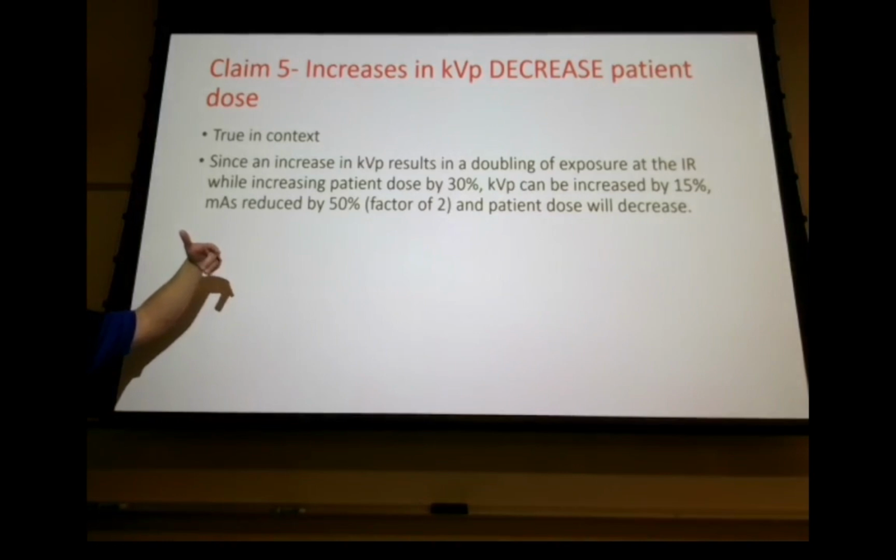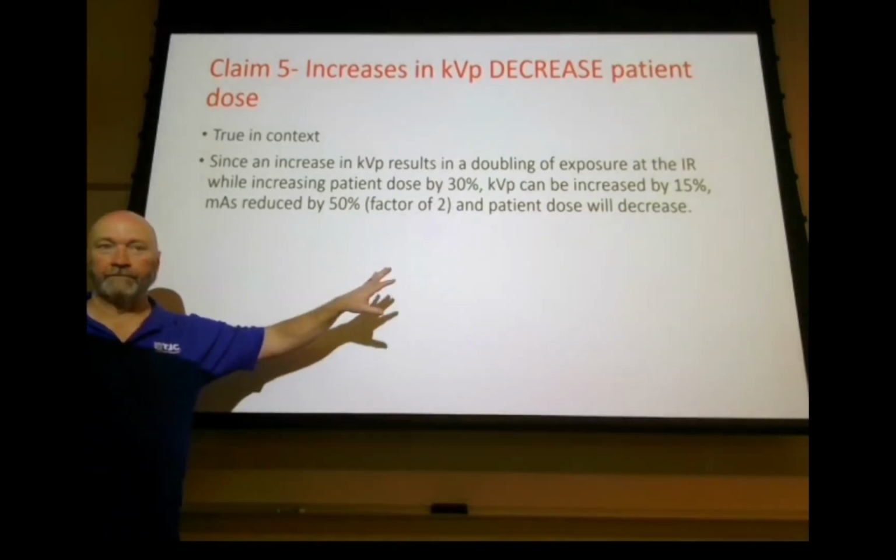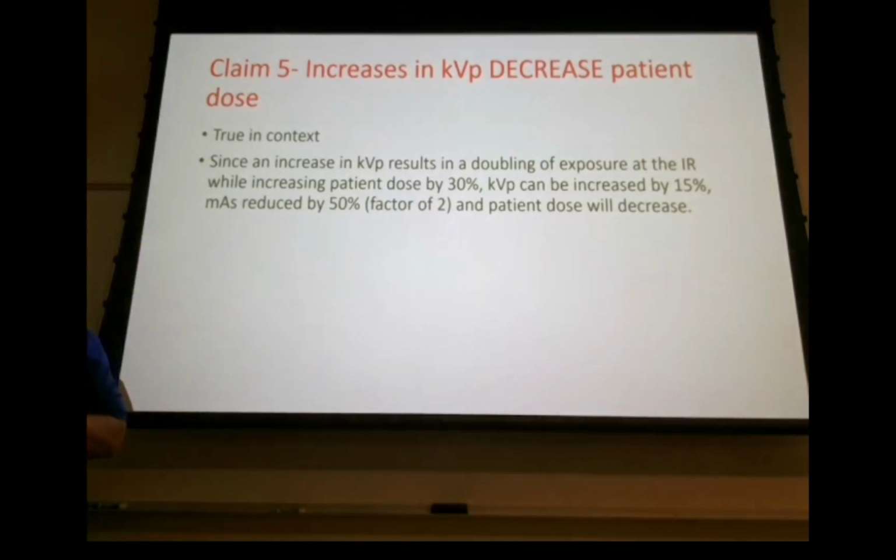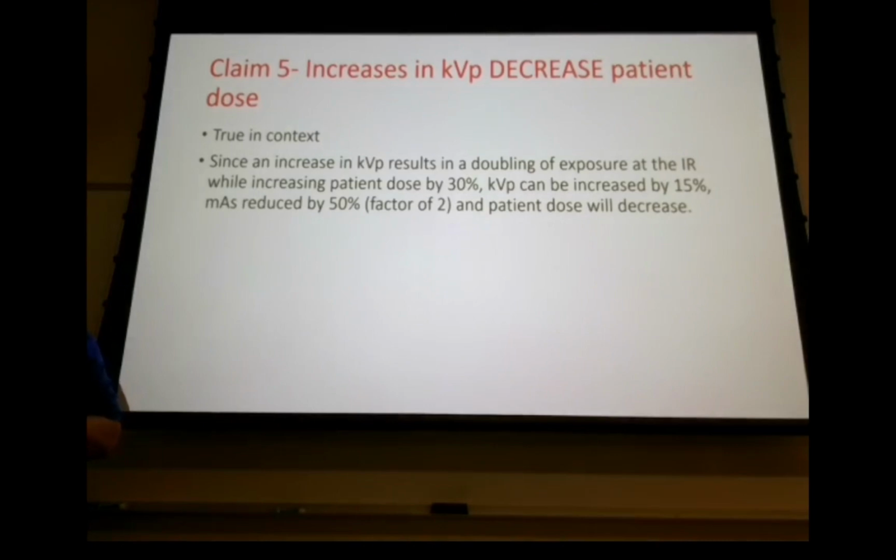Okay, so, and this is jumping again back down to all the other stuff at the bottom of the PowerPoint. What if you phototime? How do phototimers work? They're automatic, right? They read the amount of radiation coming through the patient.